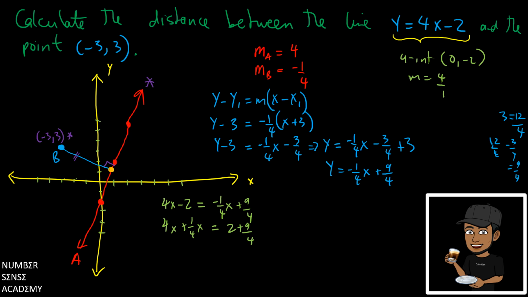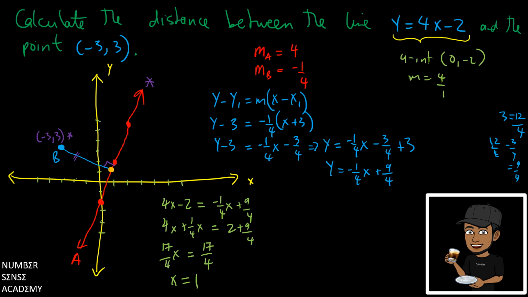There's a whole lot of activity here. 4x plus 1/4 x is actually going to be 17 over 4x, is equal to 2 plus 9 over 4, so that's 8 over 4, which is 2. So now I have 17 over 4. If I divide 17 over 4 on both sides, I get x is equal to 1.